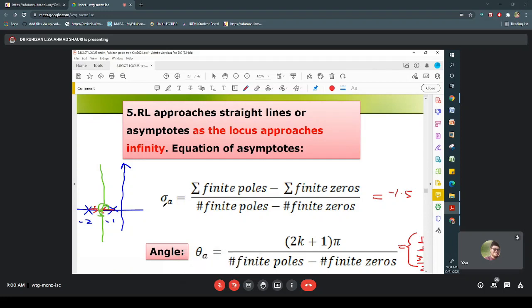You can use different colors to show the difference between the asymptote line and your locus. Okay, this is the guiding line. It means that now my locus would be one is towards, okay, wait a moment. Let me use a different method.